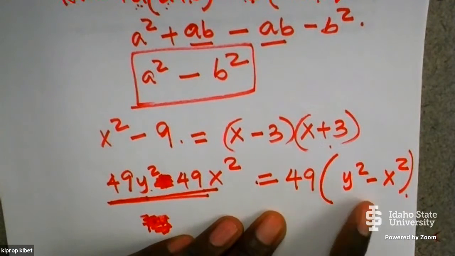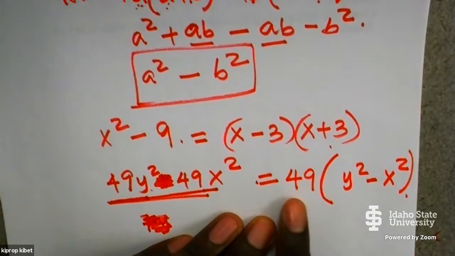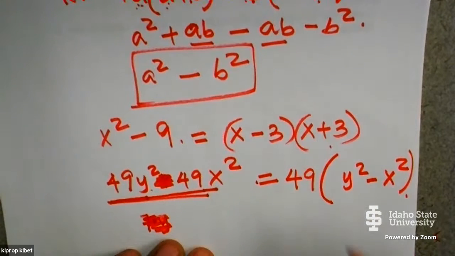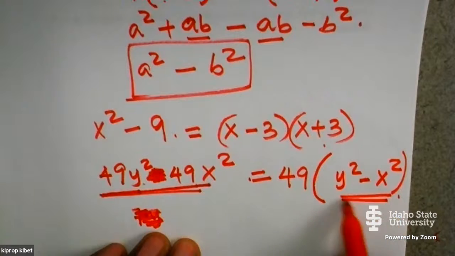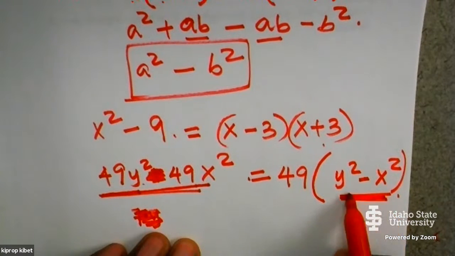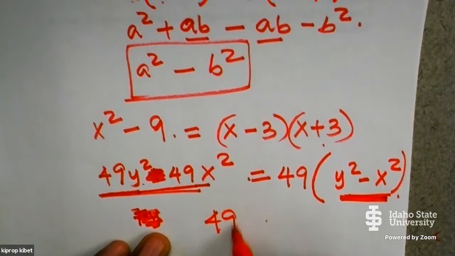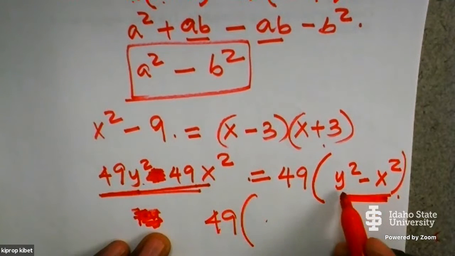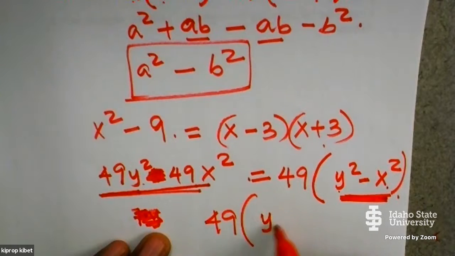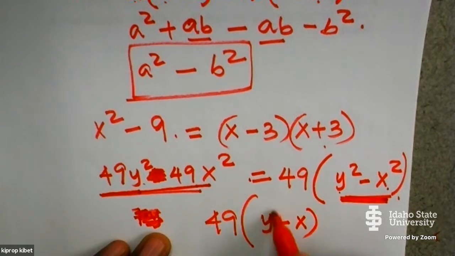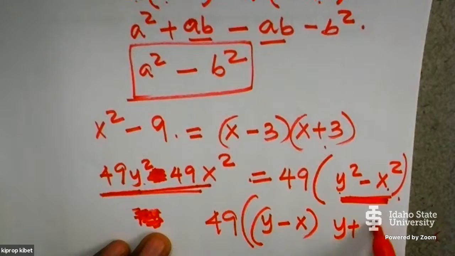So when you do it like this, now you get a difference of two squares. This is a difference of squares. 49, and then in brackets, y minus x and y plus x.